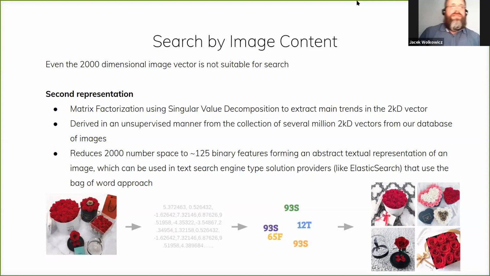We can use it for search, and we actually take that output vector, which are called embeddings. If you've dealt with those, the word embedding will be coming up very often, and that's the layer right before the end of the network, before we apply it to a specific problem.